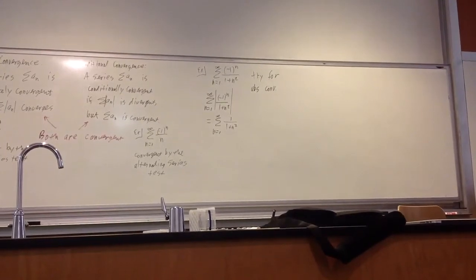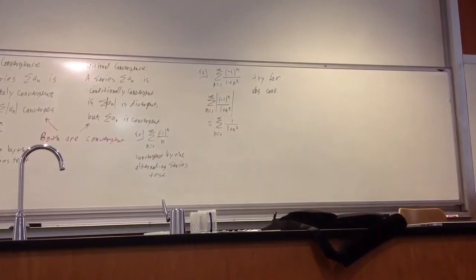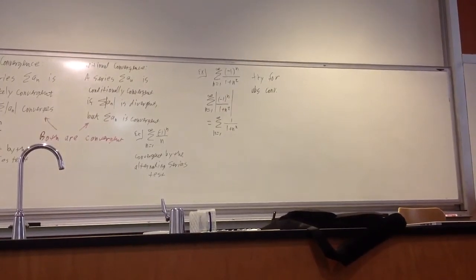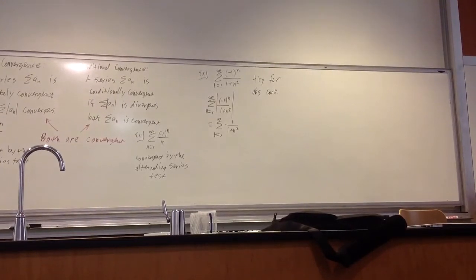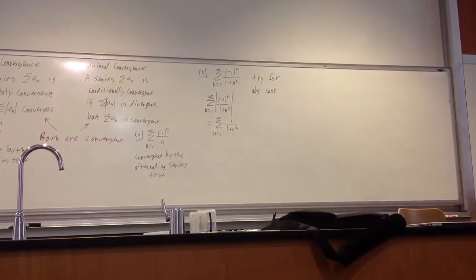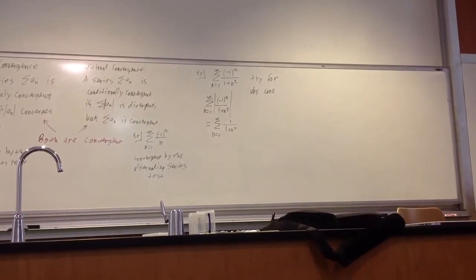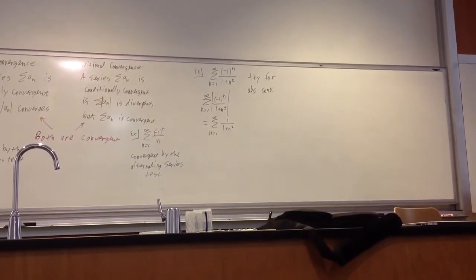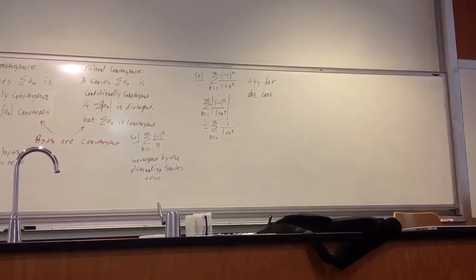Tell me what you just did. Took the limit. I took the limit of the comparative. Original divided by the one you're comparing. The one that you want, yeah. And then it came out to be n squared over 1 plus n squared.